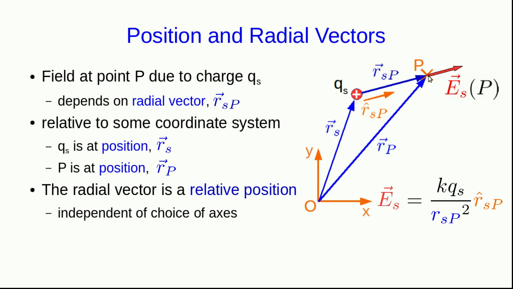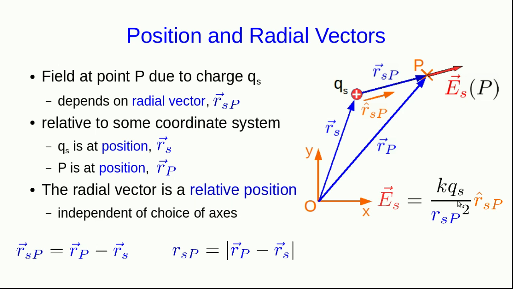It is the position of P relative to the position of the charge. And so, like any relative position, it's independent of our choice of axes. But we find it from those positions just through a usual vector subtraction. Just verify that if you go negative RS plus RP, you come up with RSP.